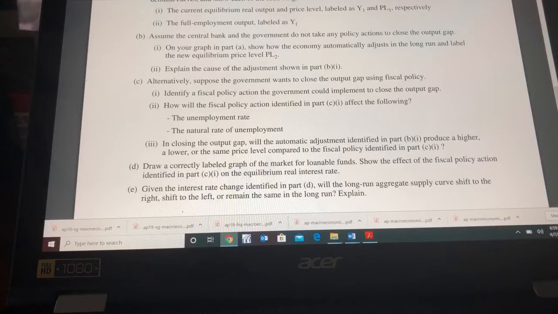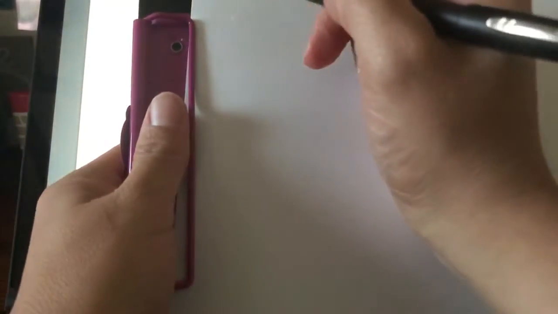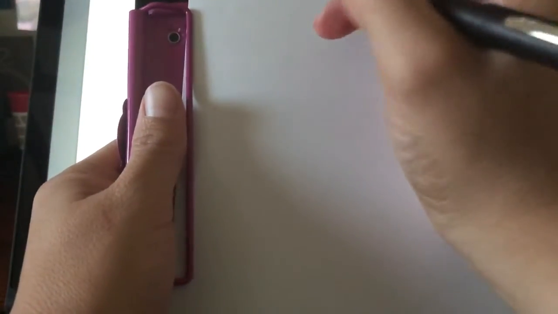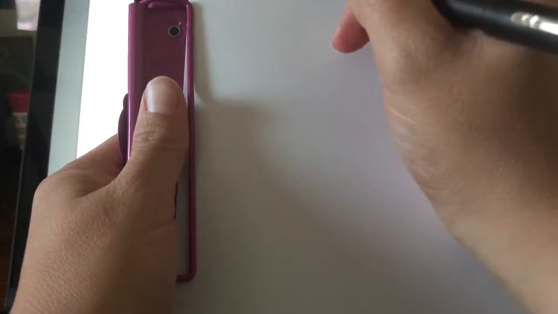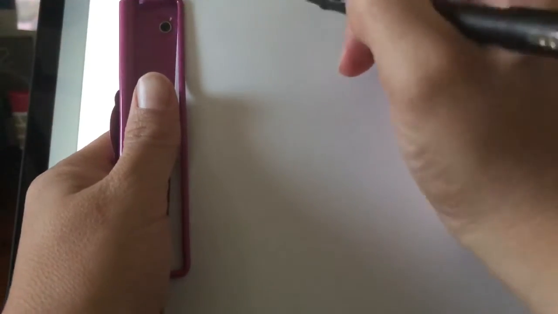So let me first do this first part. I know I was going through my thinking. It says, really just draw a correctly labeled graph for the loanable funds. And then I have to show the effect. So I'm going to label this D. I just need to draw a graph. So this is the real interest rate.